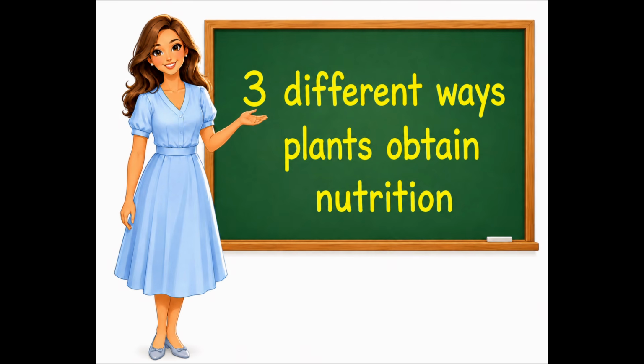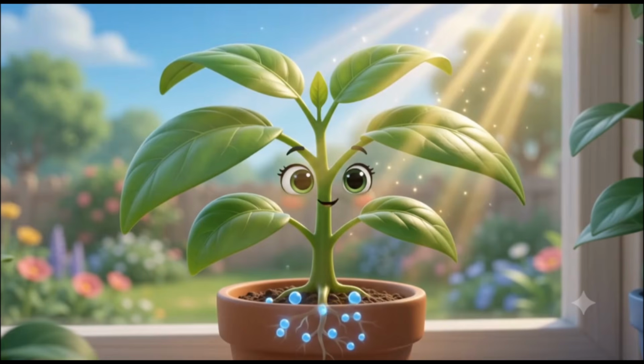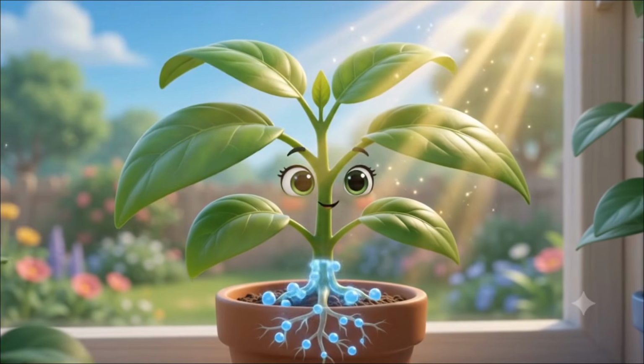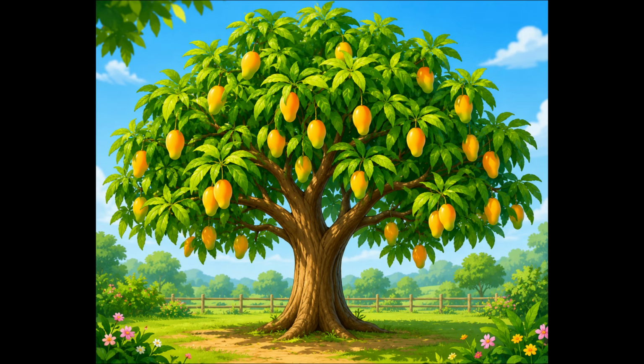Now, there are 3 different ways plants obtain nutrition based on their environment. First is autotrophic plants. Now, these are independent plants that can make their own food using sunlight, water, and air. The mango tree is a perfect example of an autotrophic plant.